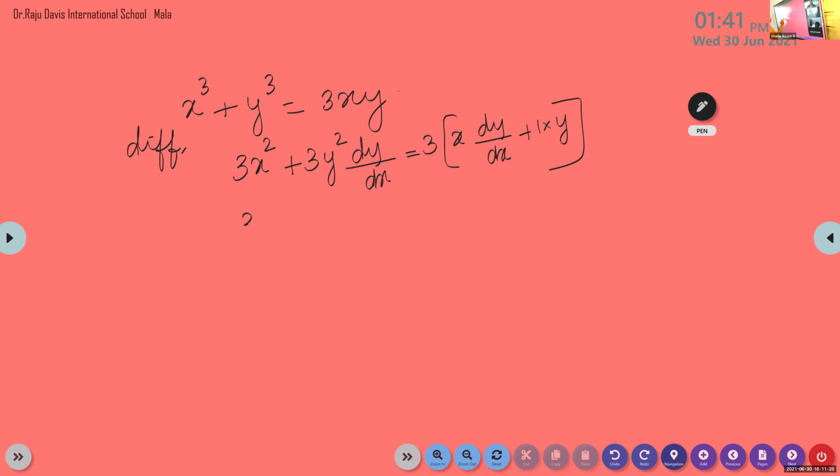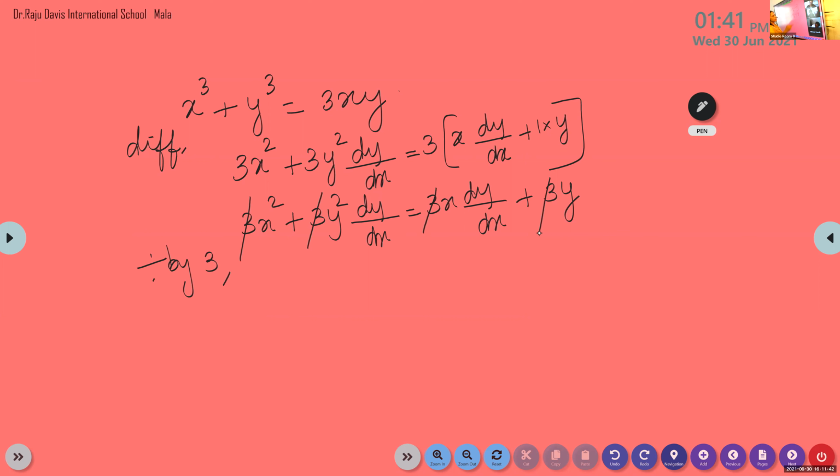So we get 3x square plus 3y square dy by dx equal to 3x dy by dx plus 3y. In all the terms we have 3, so we can divide by 3, and 3 will get cancelled.